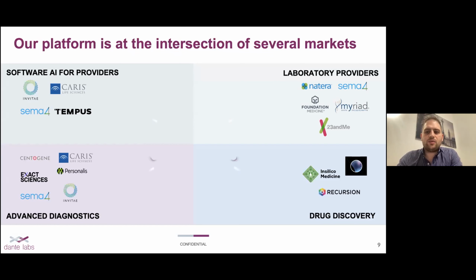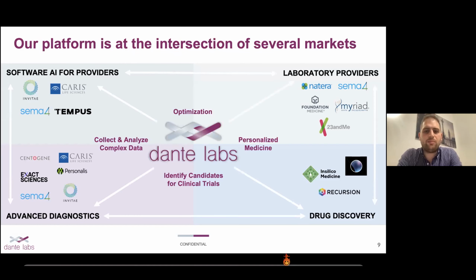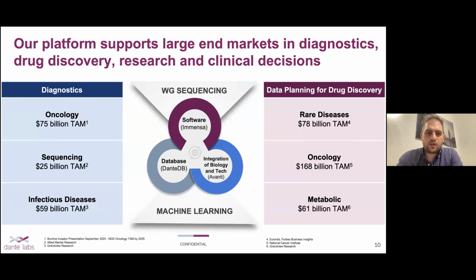And here is where we are today. So we have a platform that is at the intersection of several markets. At Dante Labs, we are able to collect and analyze complex data, optimize the interpretation of the data, and deliver personalized medicine. We support large markets in diagnostic, drug discovery, research, and clinical decision.